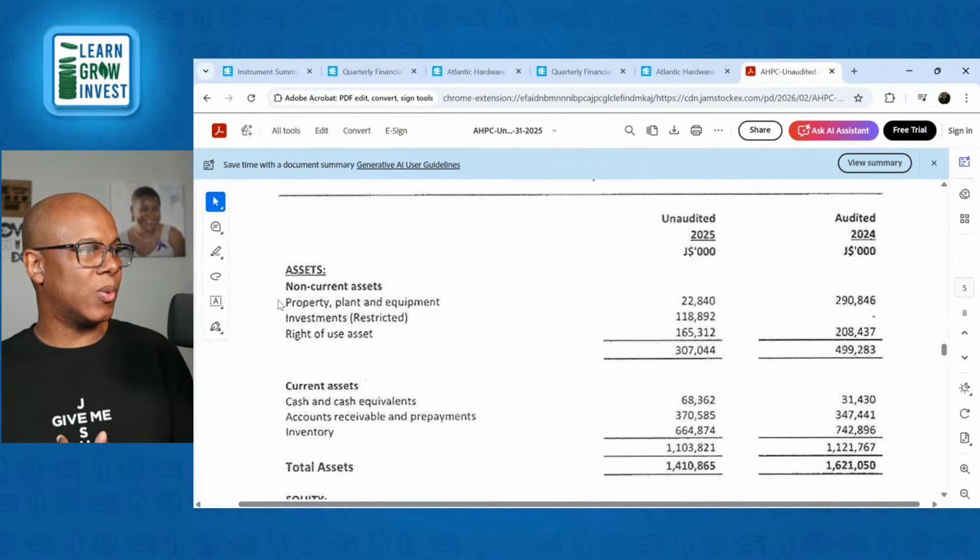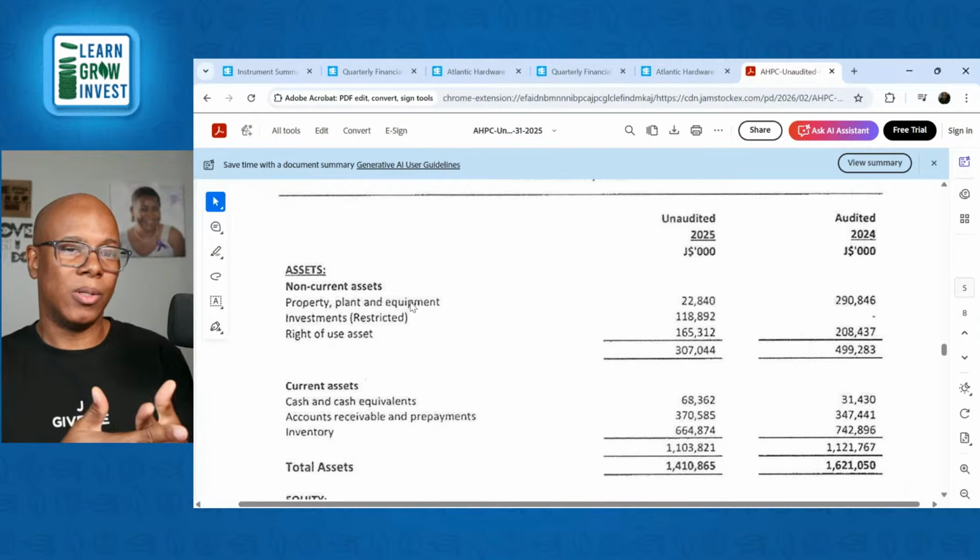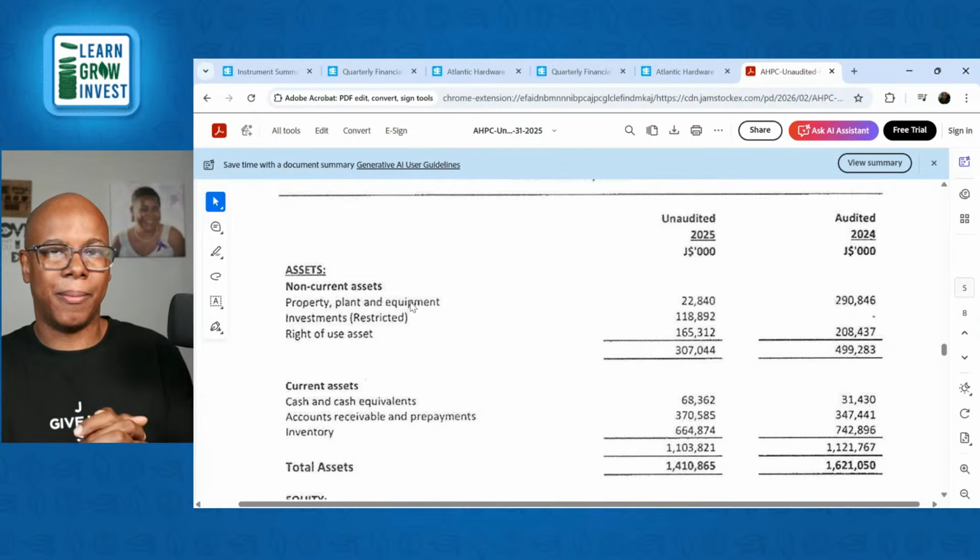So in this case, we start with our non-current assets. So we have property, plant, and equipment. Remember, we said non-current is anything that the company is really using on an ongoing basis, right? So look at it as their property, plant, and equipment. In this case, it would be their location, the equipment that they may use to make the different tools.